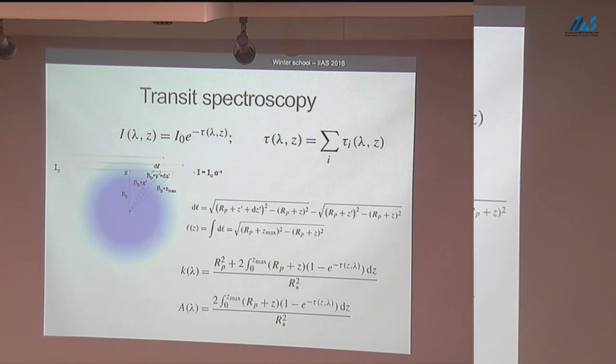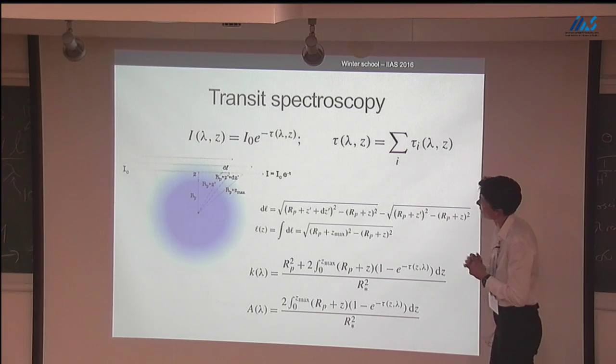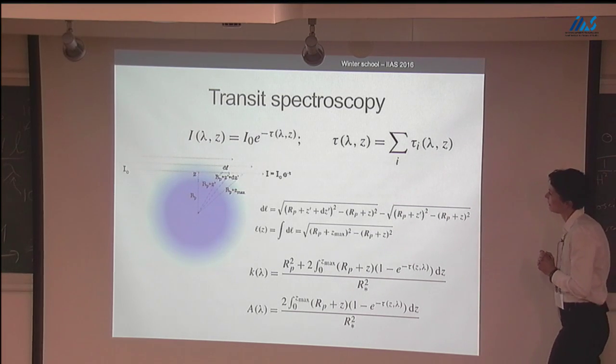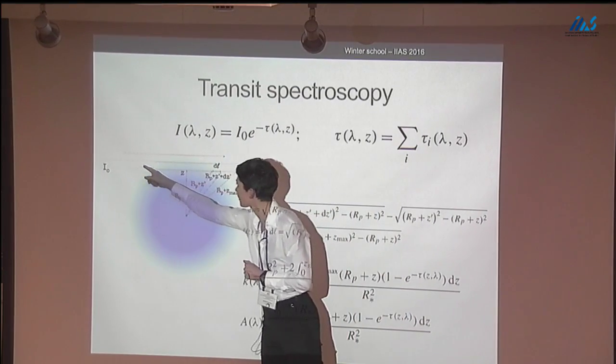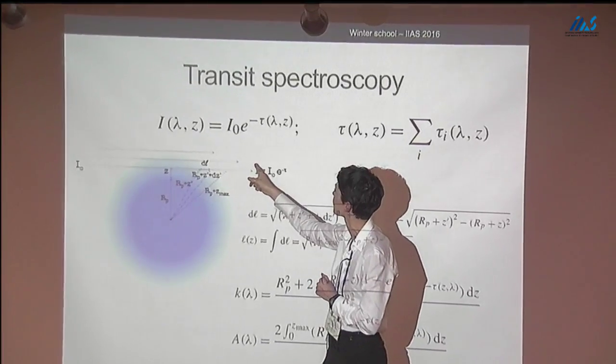Today I will not show you too many equations. I have probably exhausted all the equations in the first lecture. But this is just to collect the information we saw together a couple of days ago. You probably remember the Beer-Bouguer-Lambert law. I is the intensity of the radiation after the photons have gone through the atmosphere of the planet.